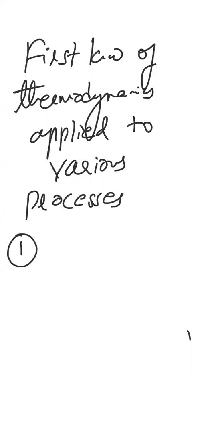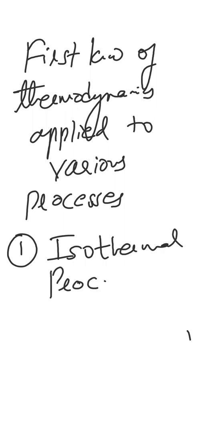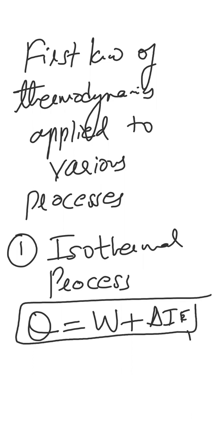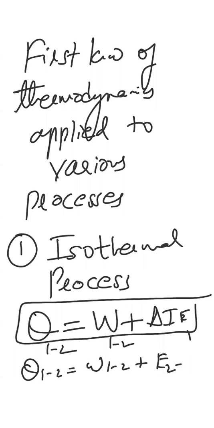First, we can study the isothermal process. In the isothermal process, you can apply the first law: heat transfer equals work done plus change in internal energy. Heat transfer in the process 1 to 2, work done in the process 1 to 2, and change in internal energy, which is final internal energy minus initial internal energy.